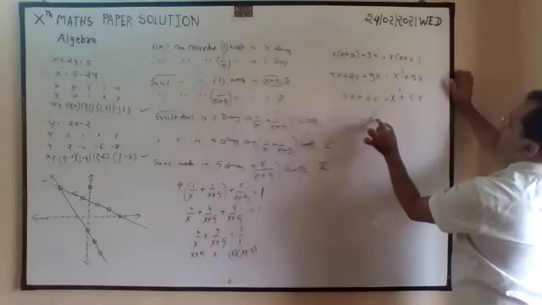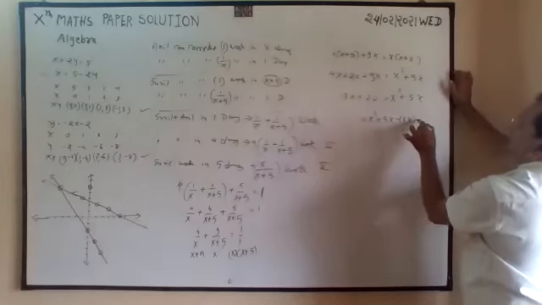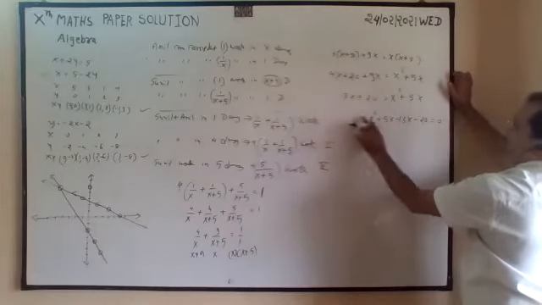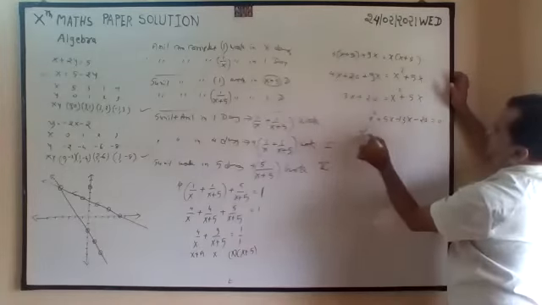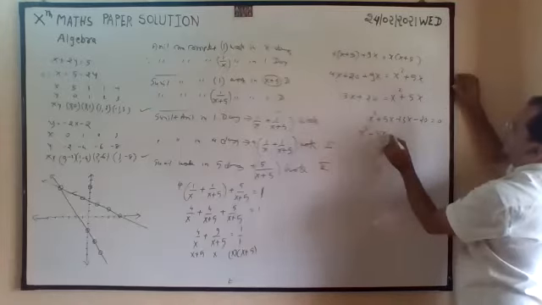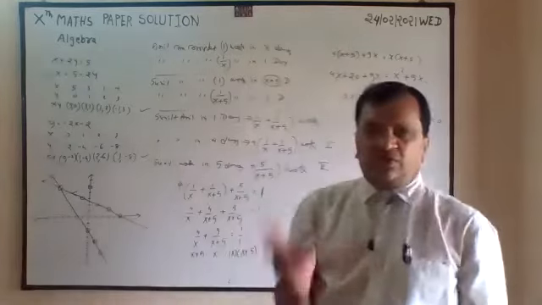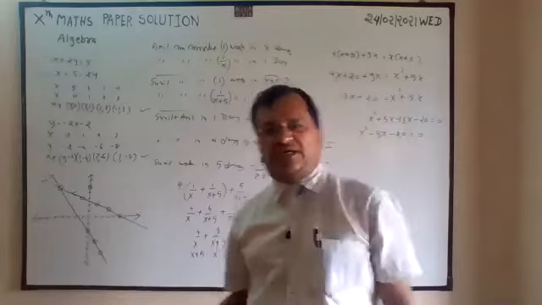So x square plus 5x minus 13x minus 20 is equal to 0. So x square minus 8x minus 20 is equal to 0. Now we factorize: the factors of 20 are 2 tens.